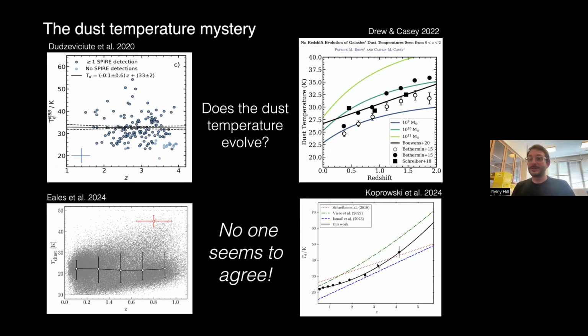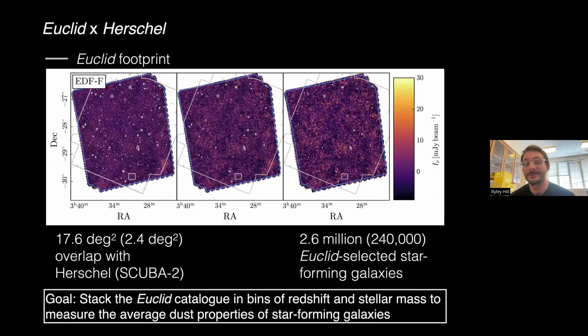And again, this is all baked into the correlation with the galaxy star forming main sequence, because dust temperature is related to the star formation rate and so on. So to figure out what's going on with this dust temperature mystery, we used Euclid.